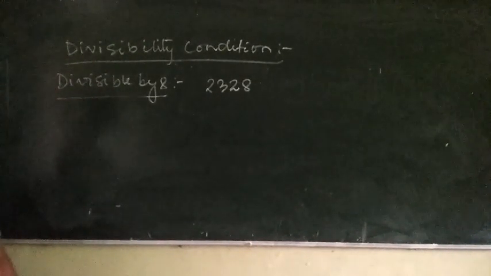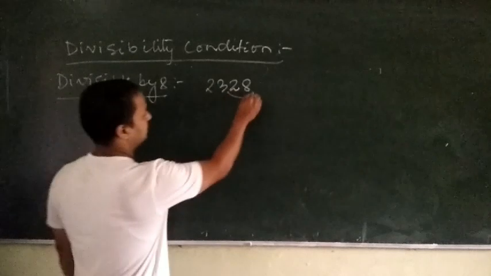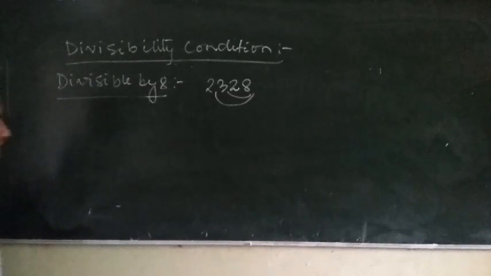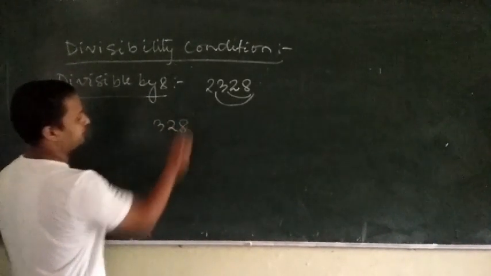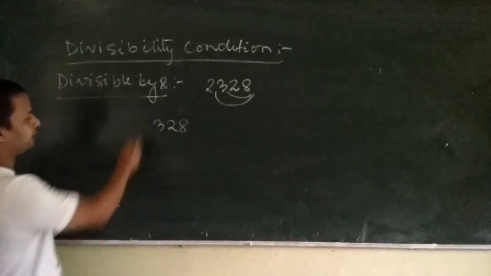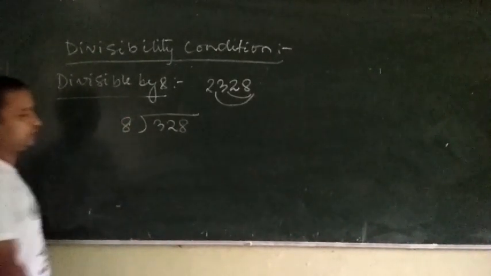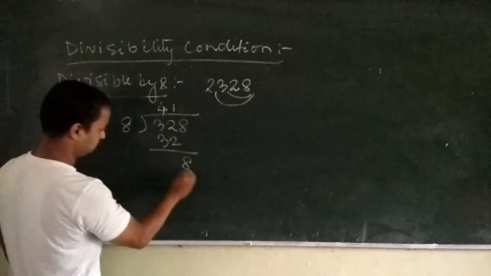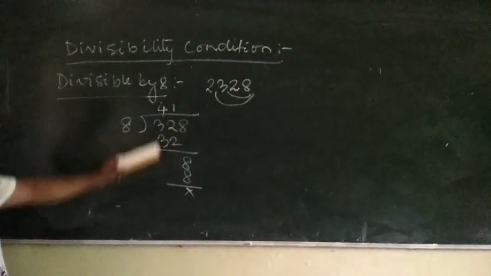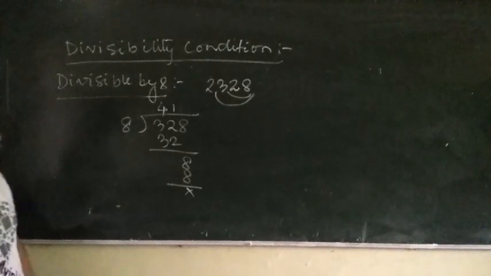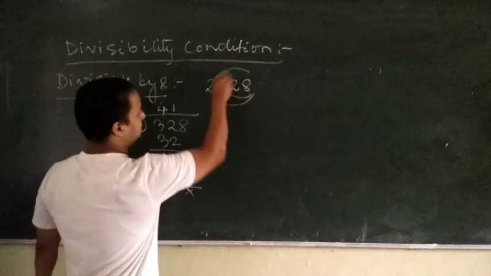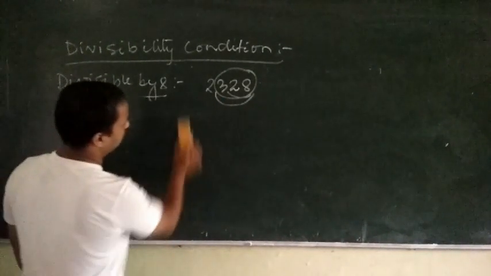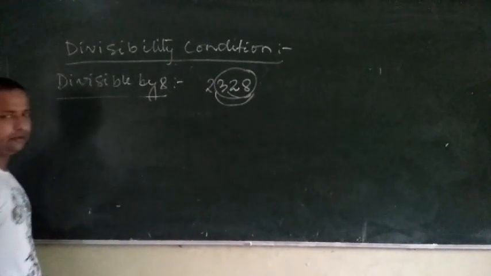As in 4 we saw the last 2 digits, here we have to see the last 3 digits, that is 328. Now we have to divide 328 by 8. 8 4 are 32, 8 1 is 8. So 328 is divisible by 8. That means the number formed by the last 3 digits is divisible by 8, so this whole number 2328 is divisible by 8.